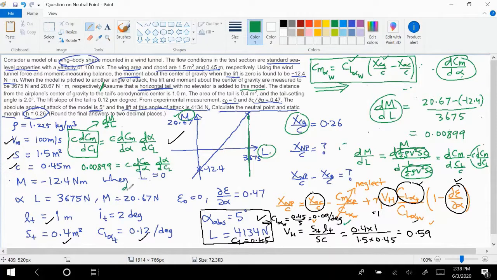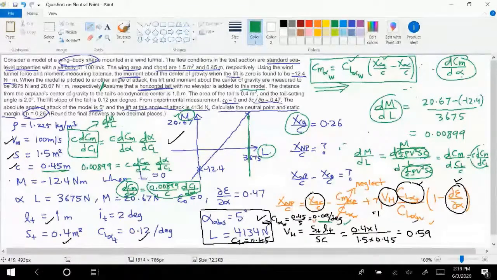So I can now get dCM/dalpha equals 0.00899 divided by c times dCL/dalpha. And we have c. dCL/dalpha we calculated, right? 0.09 per degree. So we can find this dCM/dalpha.